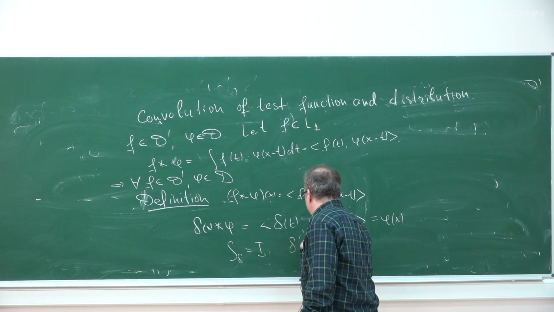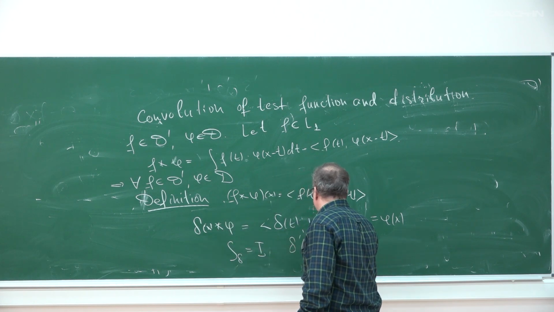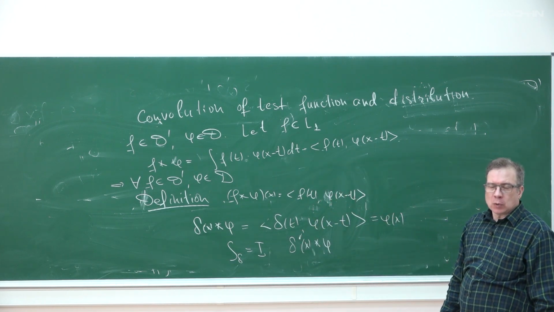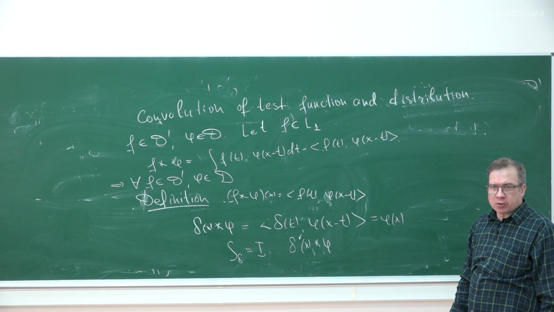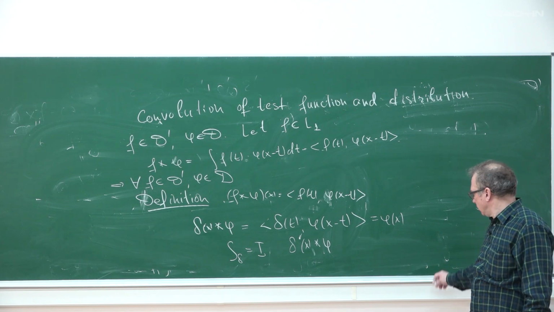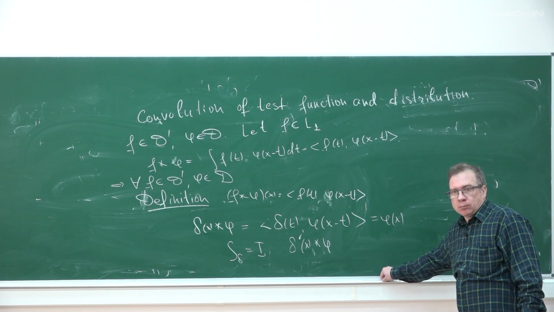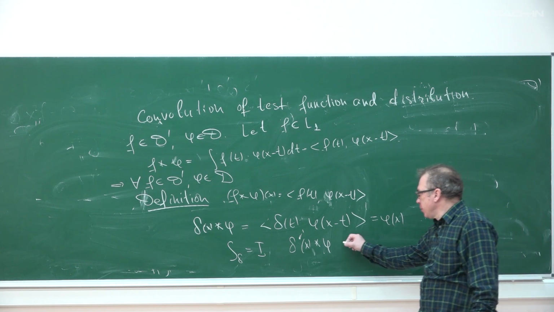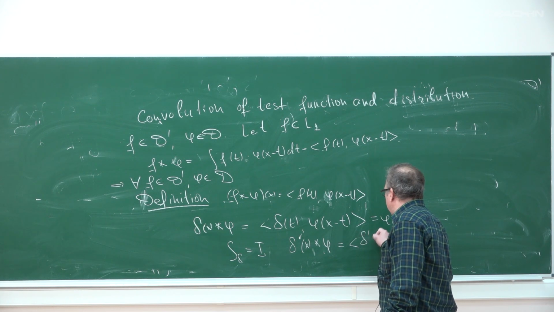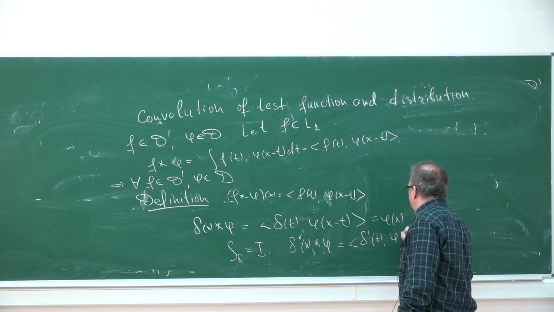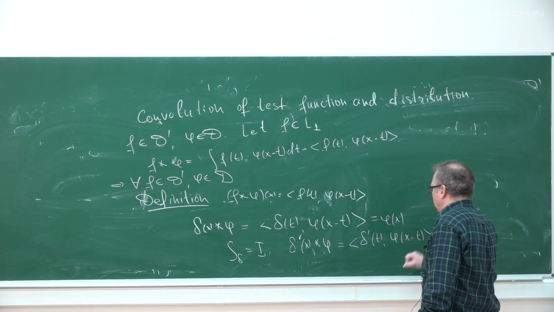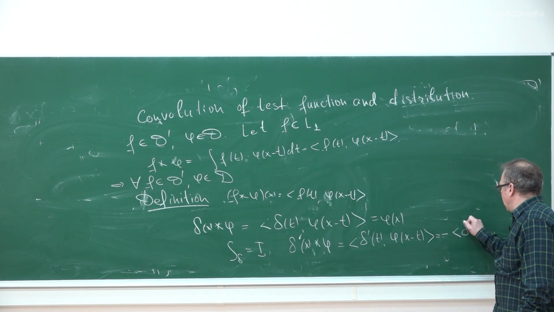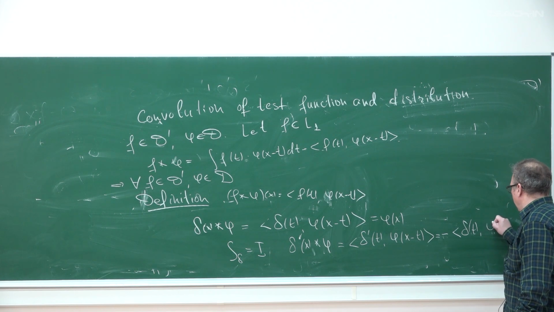Yes, and for example, what is the convolution with the derivative of the delta function? Again, use the definition. It is delta prime of t, phi of x minus t. Then by definition it is minus delta of t, phi.